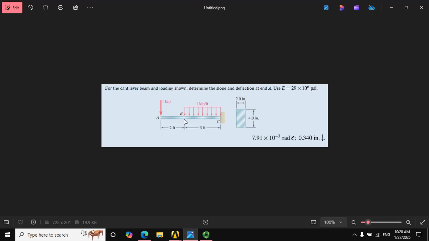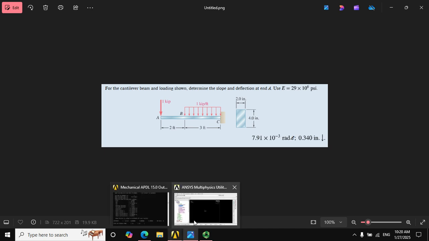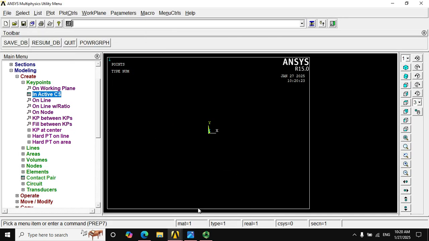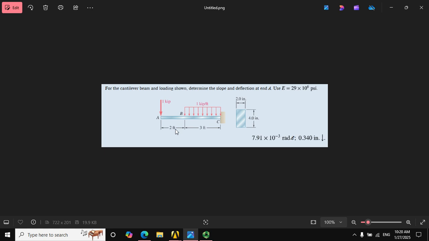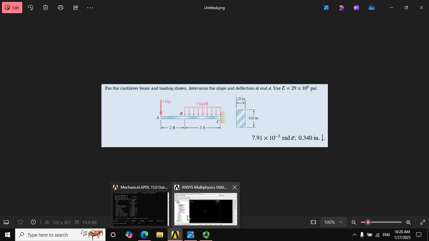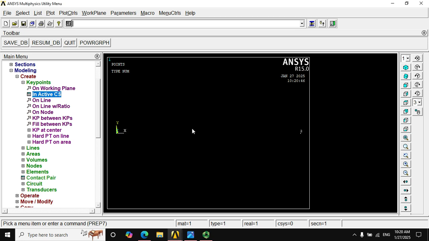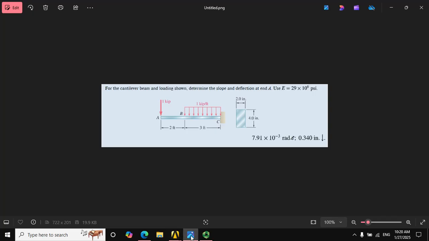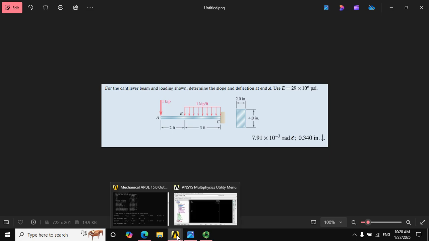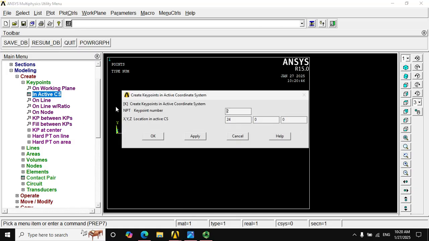I'm gonna have point B as my point 2, which is gonna be 24 inches to the right. And then point 3 is gonna be point C, which is 5 feet or 60 inches to the right. So come here, point 3, 60 inches to the right.